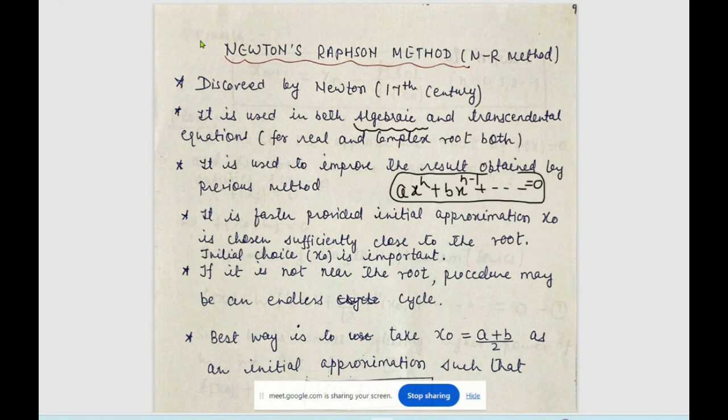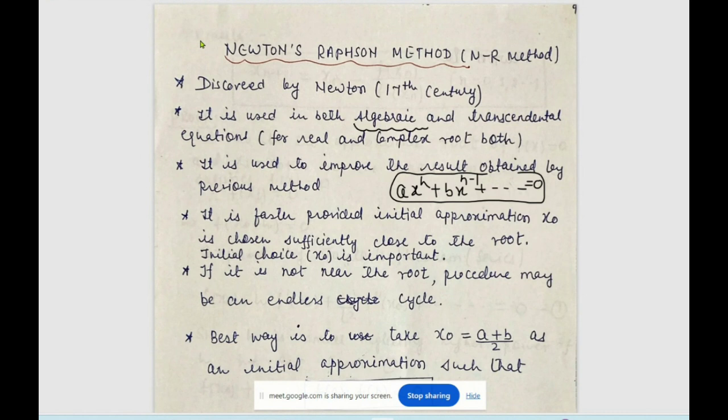Many methods are given, and the NR method is one of them. So for an algebraic equation, if it is very complicated, you can use these numerical techniques like the NR method and any other. Okay. And what is a transcendental equation?